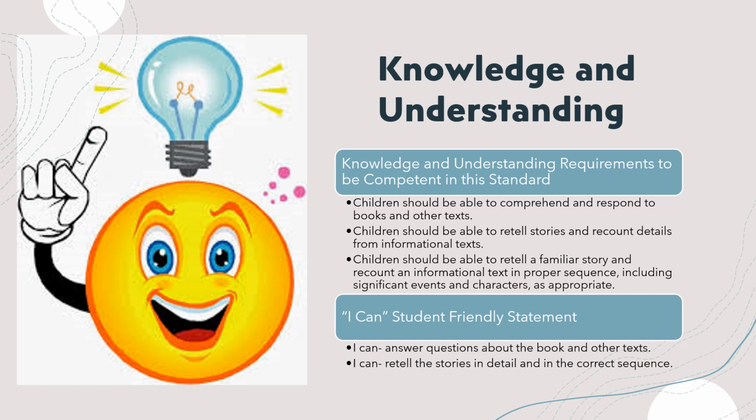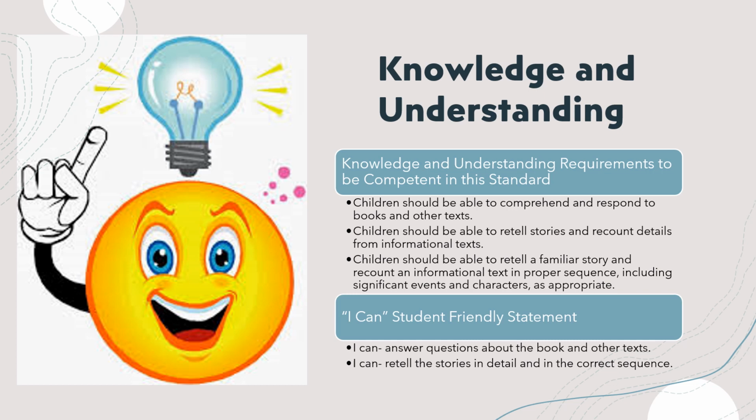Examples of knowledge or understanding required to become competent in this standard would be concepts including that children should be able to comprehend and respond to books and other texts. Children should be able to retell stories and recount details from informational texts.